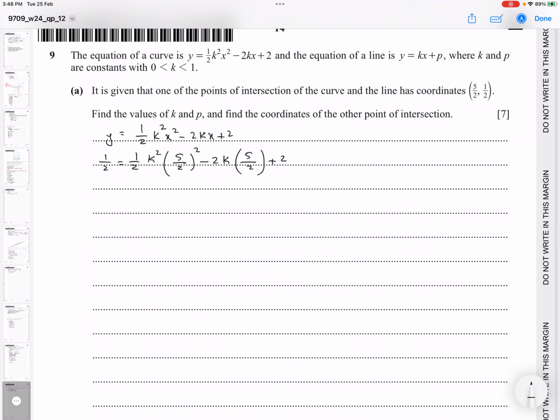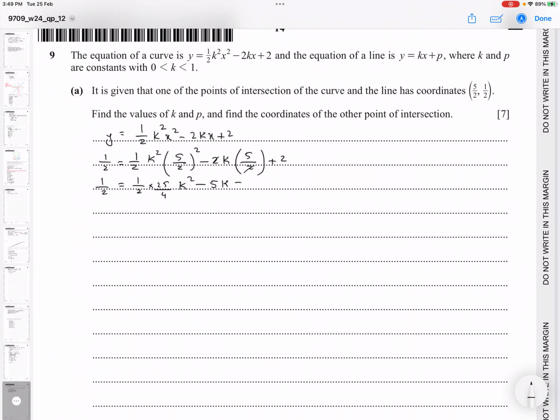Simplify this. 1 over 2 equals 1 over 2 times 25 over 4 k squared minus 5k plus 2, and the 2 and 2 will be gone.